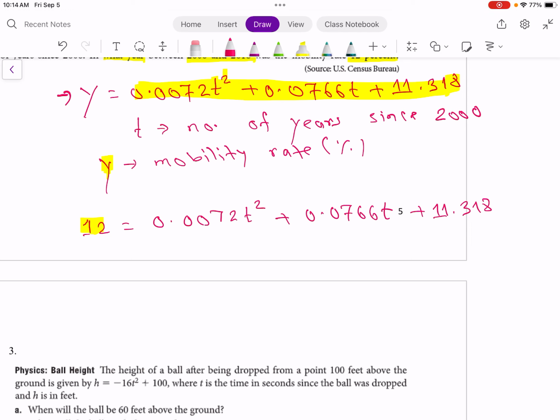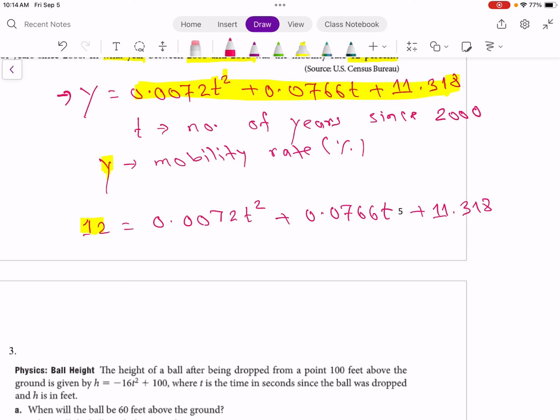Now, what is the equation? This is a quadratic equation. We were solving for y, now we are trying to solve for t. Can you solve this equation for t? We have three methods: factoring, completing the square method, using quadratic formula. You can pick any one method.